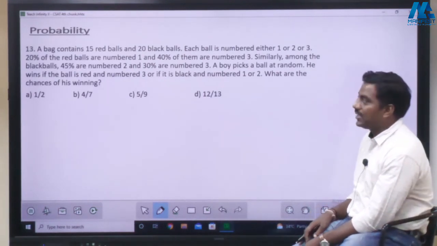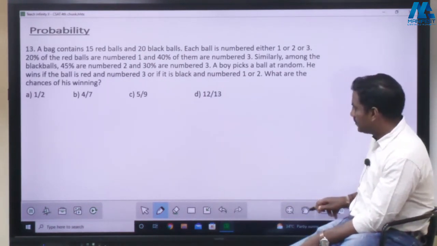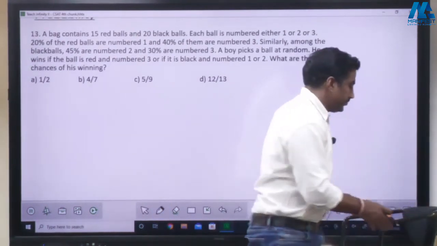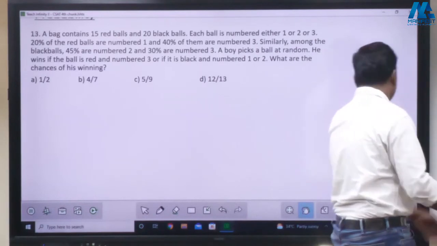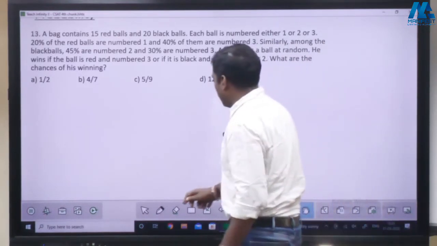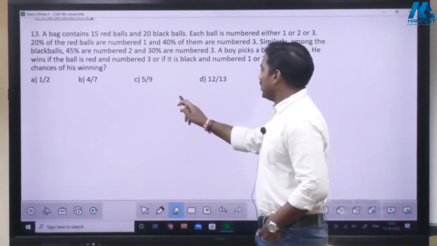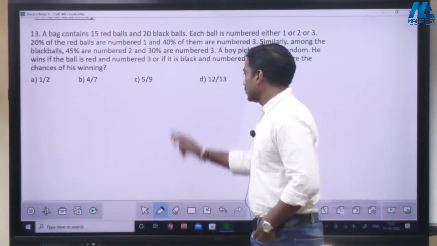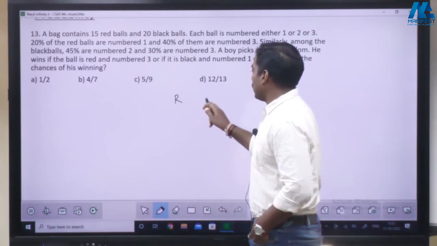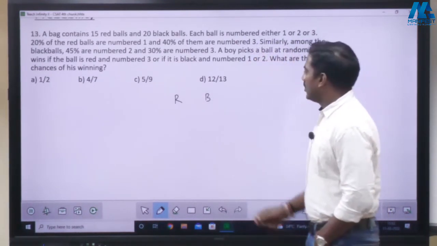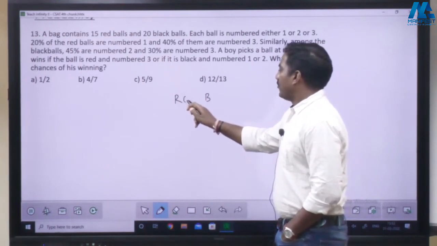This is also a fantastic problem. A bag contains 15 red balls and 20 black balls. How many red? 15 red.